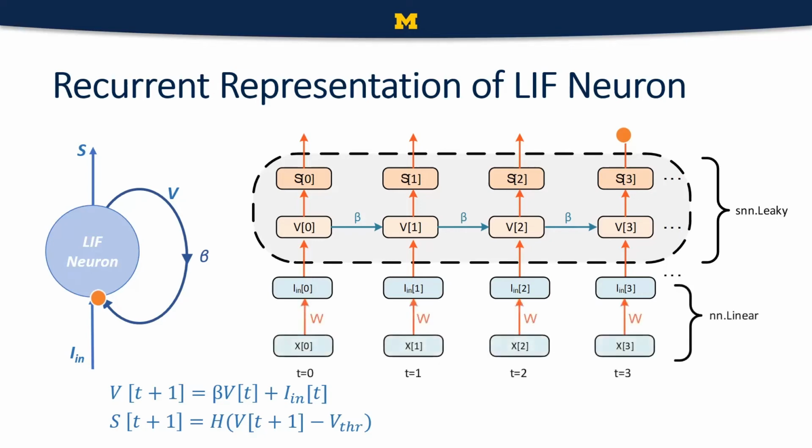In this case, same thing. We have an input, represented here by X. That X is scaled by W. Nothing different to conventional deep learning yet. That X times W constitutes our current injection, and then everything else is just all the spiking neuron dynamics that I described before.